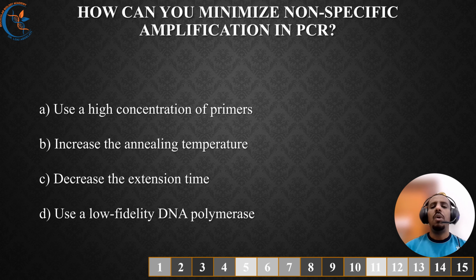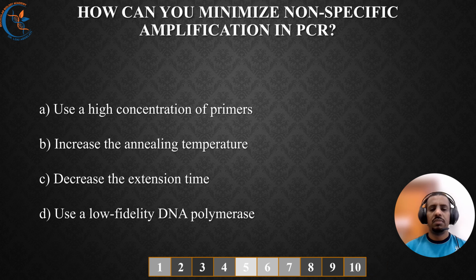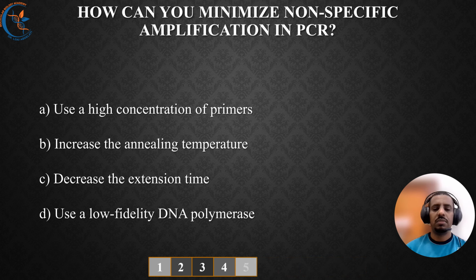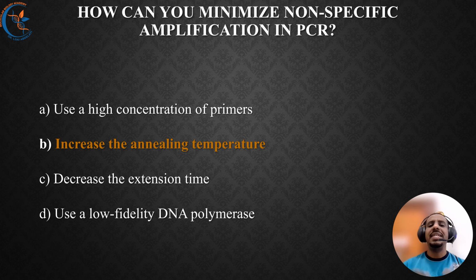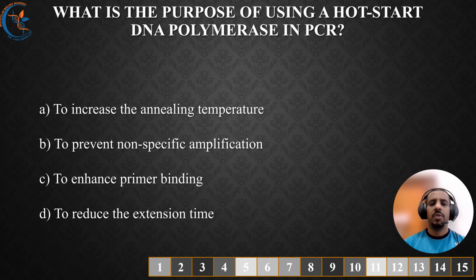Next question. How can you minimize non-specific amplification in PCR? The correct answer, increase the annealing temperature. Increasing the annealing temperature can help reduce the binding of primers to non-target sequences, thereby minimizing non-specific amplification.